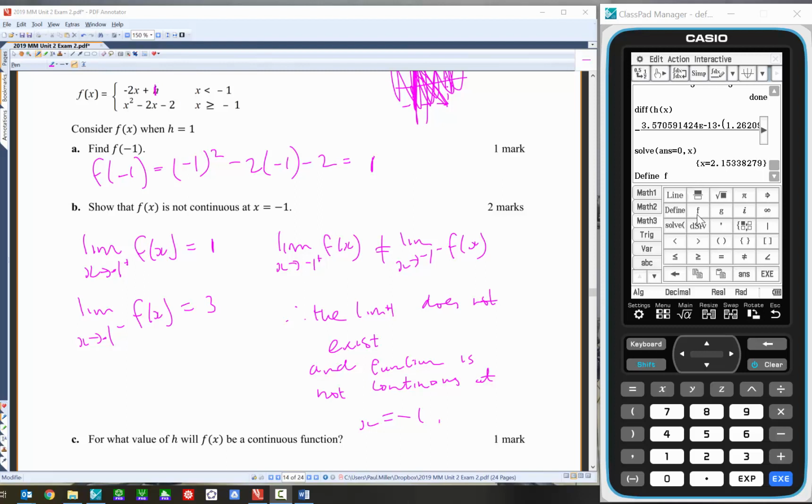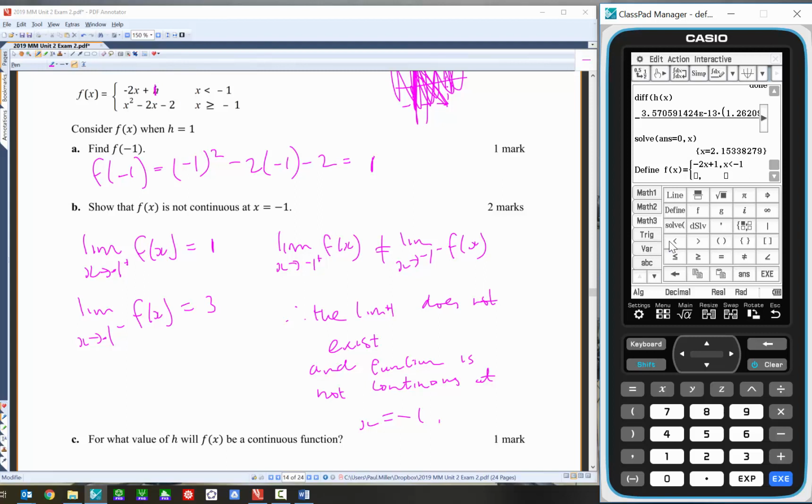All right, so define f of x equals. Now, what you can do is in Math 3, you've got this cool template that you can use to write some hybrid functions. So 2x plus 1, where x is less than negative 1.